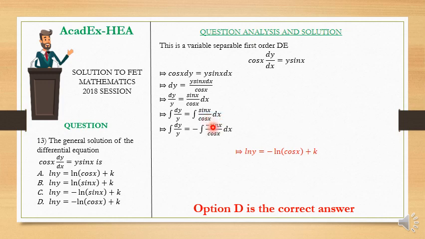And then working with the right hand side, we know that the derivative of cos x is negative sine x. So if we can introduce a negative here, then it will be easy for us to save our time, because we are seeing our answer here in terms of ln.